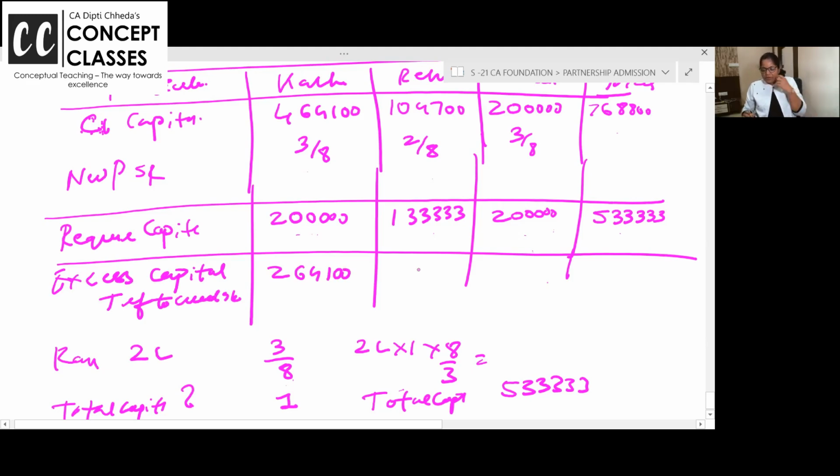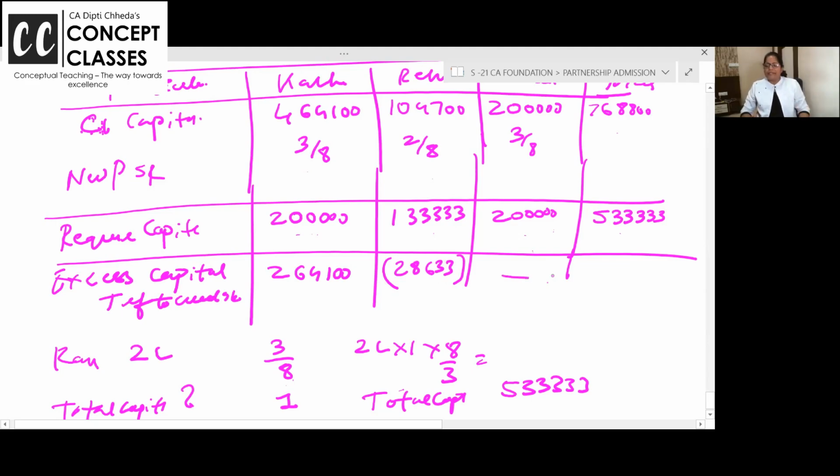264,100. Kanha's capital is more. 104,700 minus 133,333 is 28,633. Rahman's capital is less than required, so he will have to bring money.